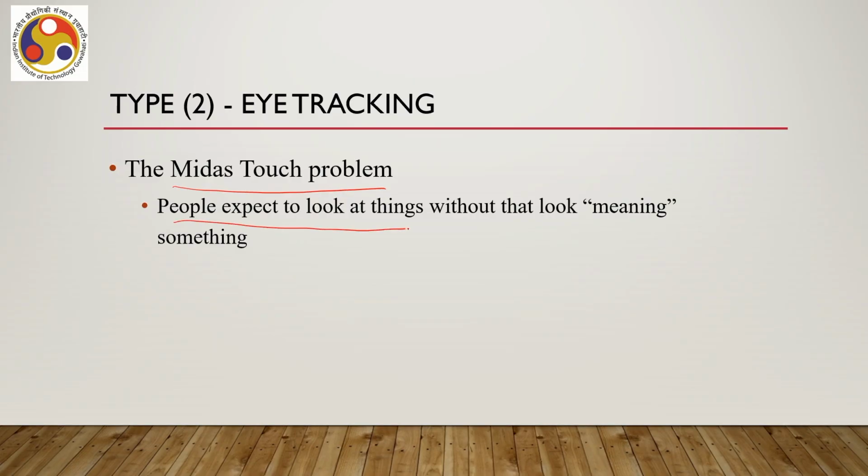Whenever we look, it gets selected or some action gets done on it, although not all such gazes may be intentional. People expect to look at things without that look meaning something. That is the general human behavior. However, the system may not be able to understand that behavior and may not be able to rectify the actions.